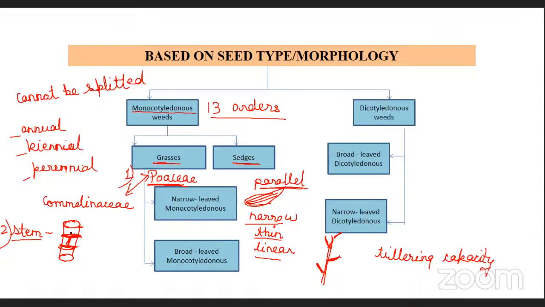The nodes are jointed, and the internode areas are hollow. The leaf has parallel venation and is narrow, thin, and linear. And the fourth one is tillering capacity. These are the common features of the grasses.